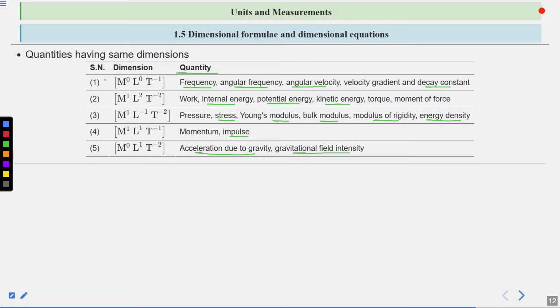And also the method, how we can derive the dimensional formula, or dimensional equation, of any physical quantity. All right? Clear or not?